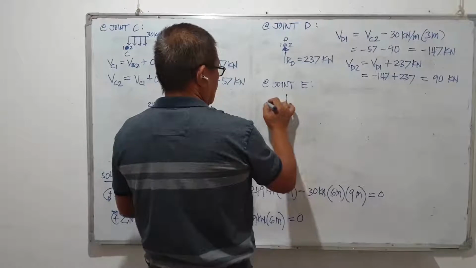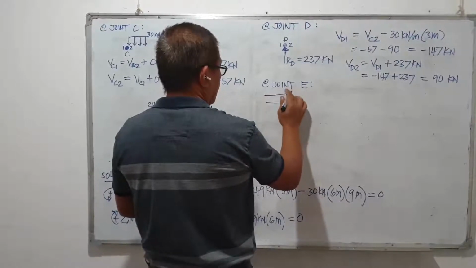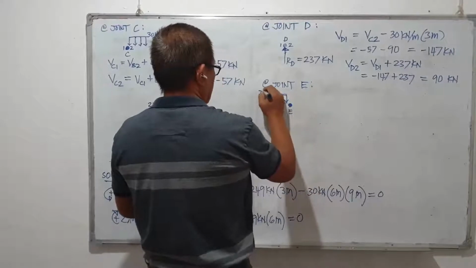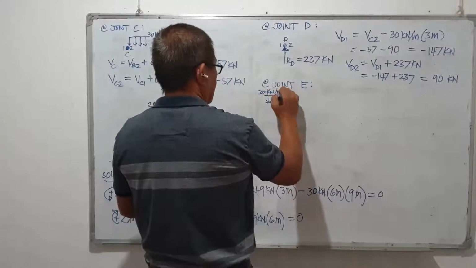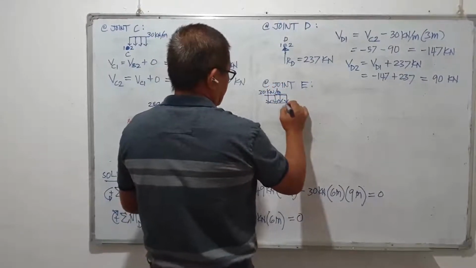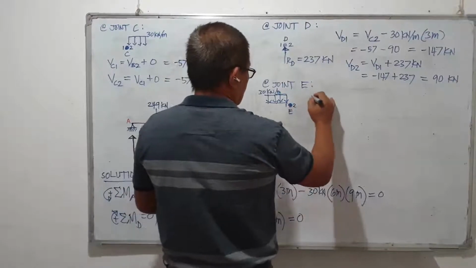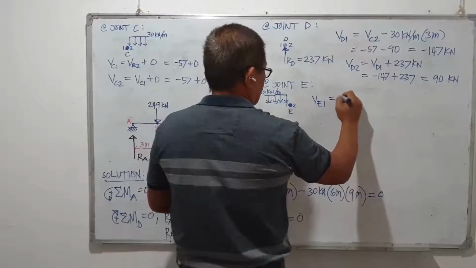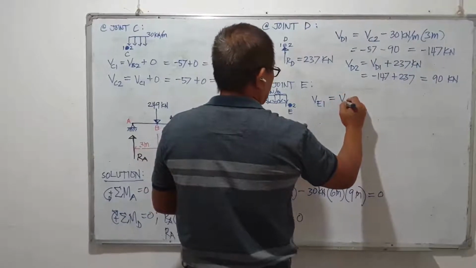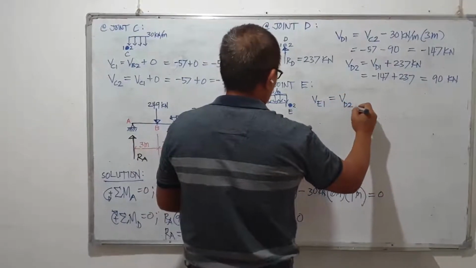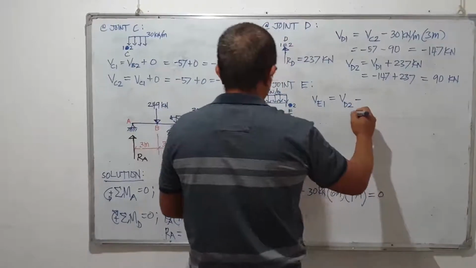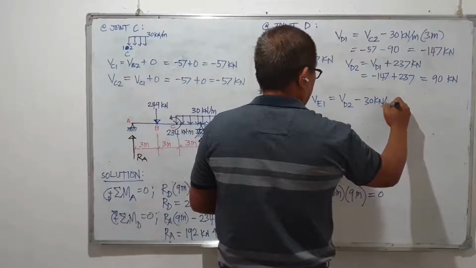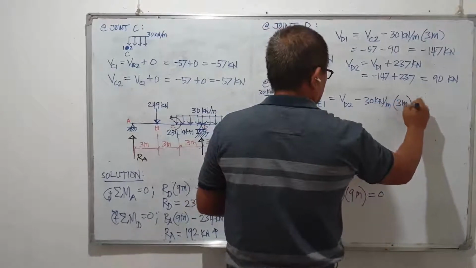we have the uniform load ending at point E, 30 kilonewtons per meter. This is point 1 and this is point 2. Shear at point E, looking to the left, is equal to the shear at point D2 minus 30 kilonewtons per meter times 3 meters.